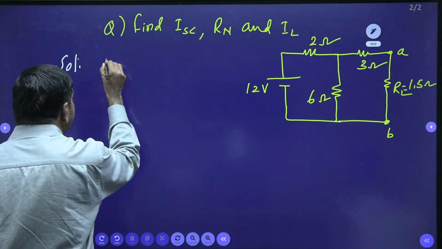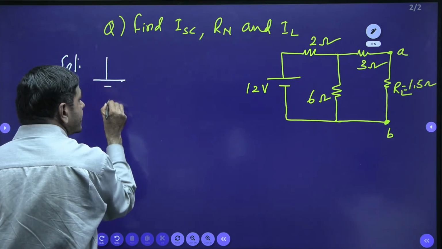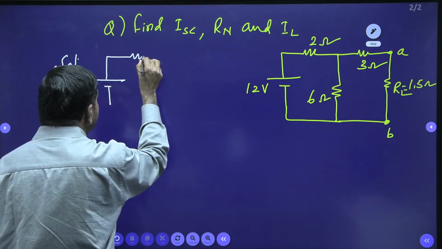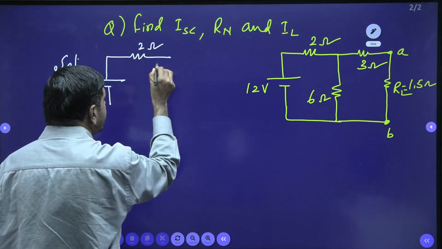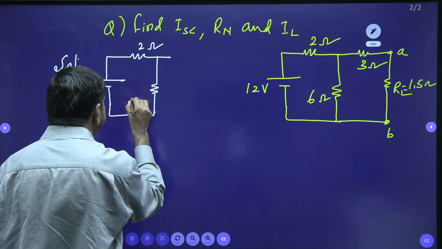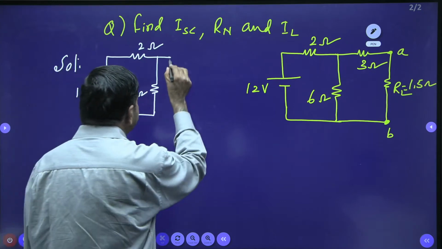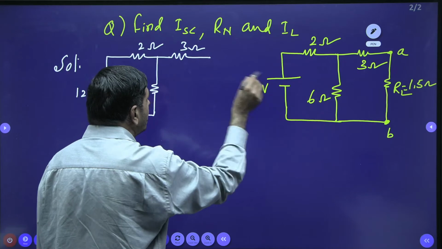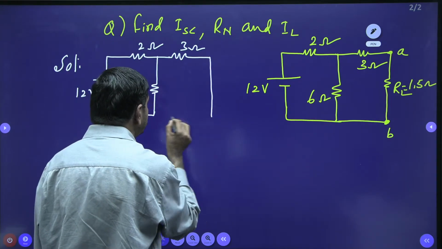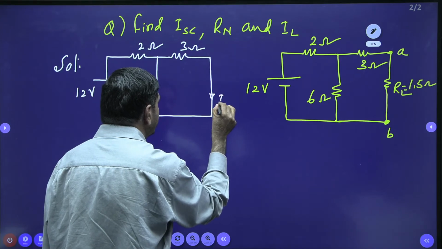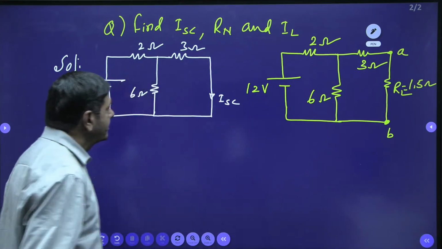The network is to be taken as it is: here 12 volts, here the 2 ohm resistor, the 6 ohm resistor here, the 3 ohm resistor this side. Wherever the load is given, that is removed and must be shorted like this. This current we need to take as ISC.